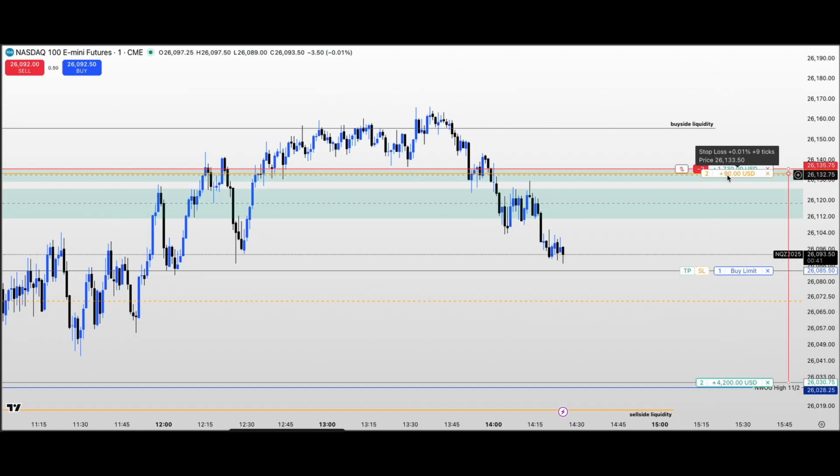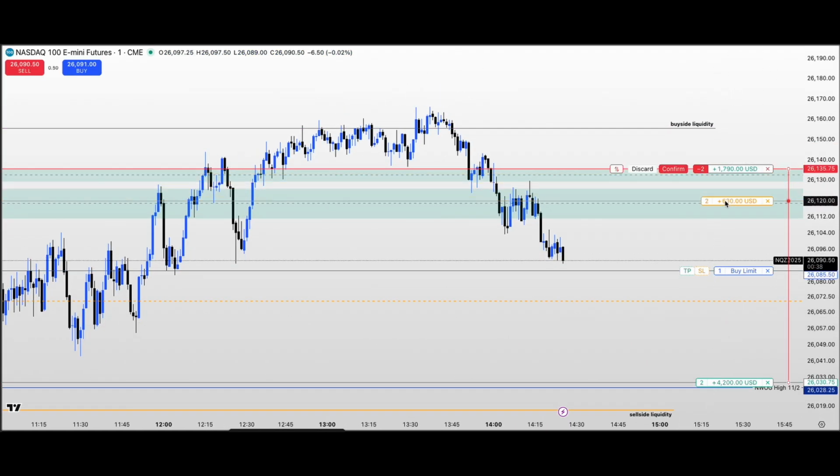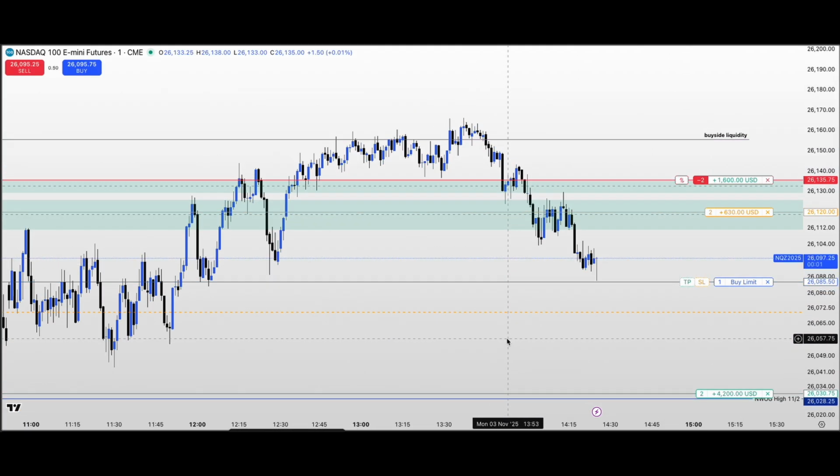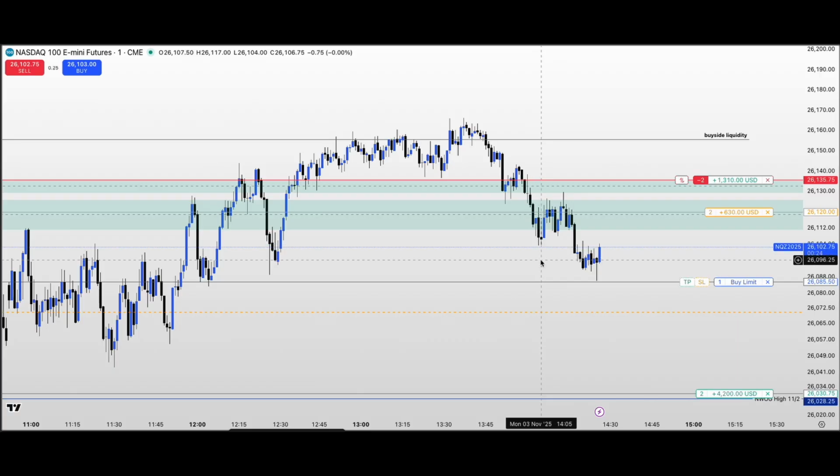Trail this above here. I believe the 97.50 level, the 26,096 level, is the consequent encroachment of the fair value gap portion of that suspension block on the daily.